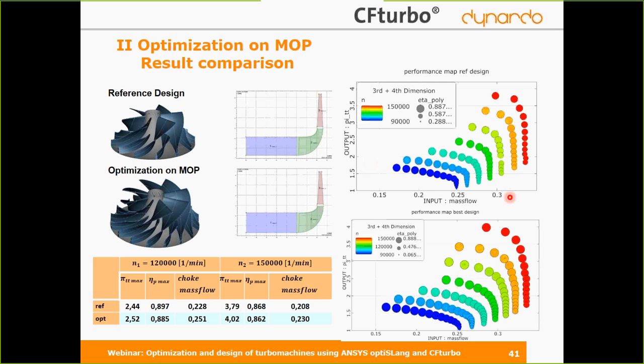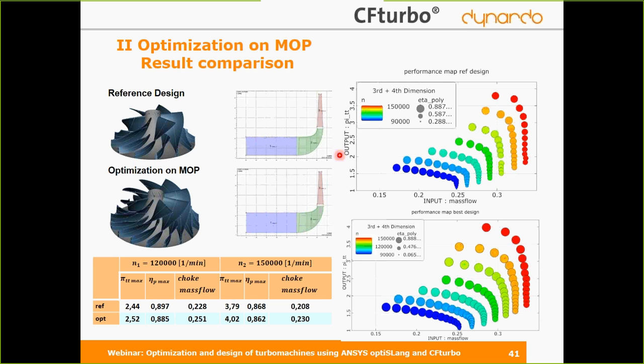Here you can see the performance map of this turbo compressor, where you can see the pressure ratio versus the mass flow, and the third dimension is here the speed, and the fourth dimension, the bubble size, is the efficiency.